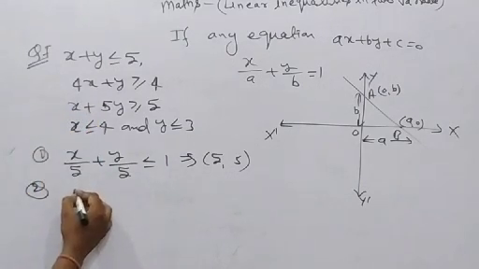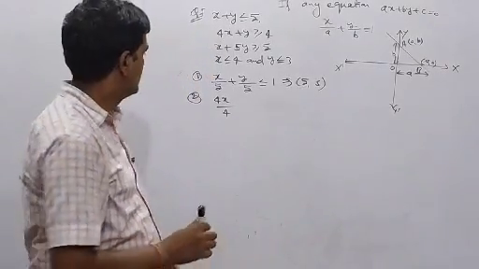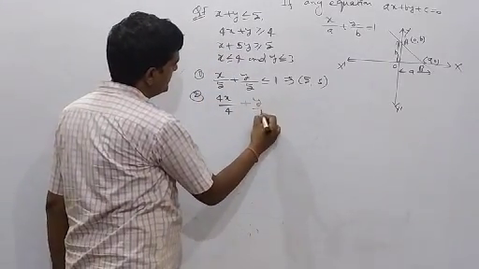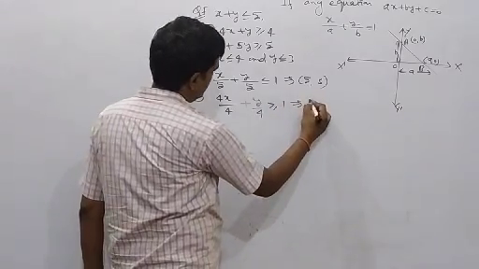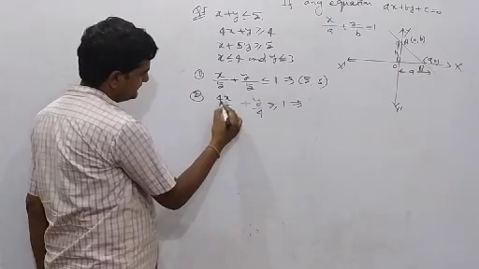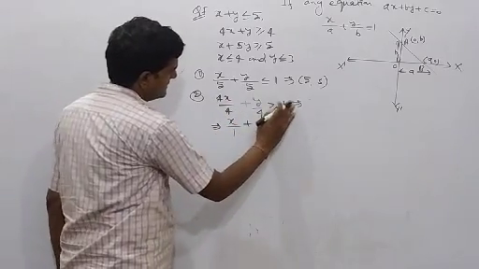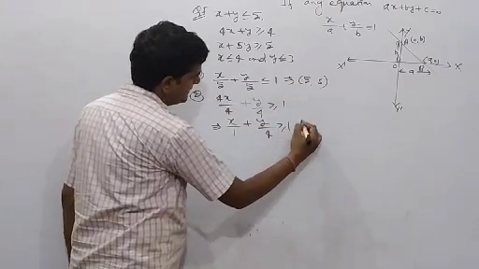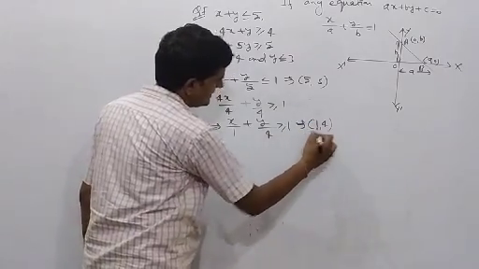Second equation: divide 4x plus y by 4 on both sides, so 4x by 4 plus y by 4 is more than or equal to 1. Now here 4 cancels, it means x by 1 plus y by 4 is greater than or equal to 1. It means the coordinates are 1 comma 4.